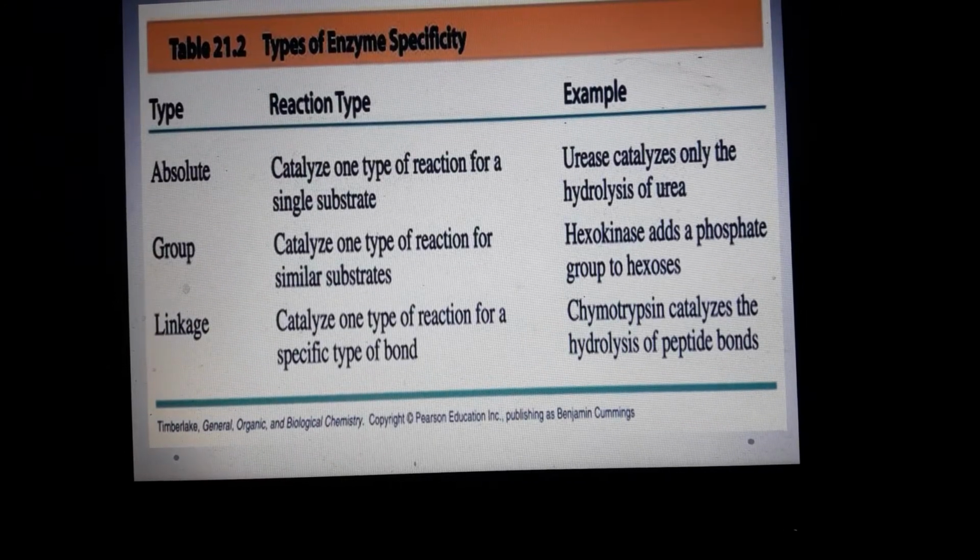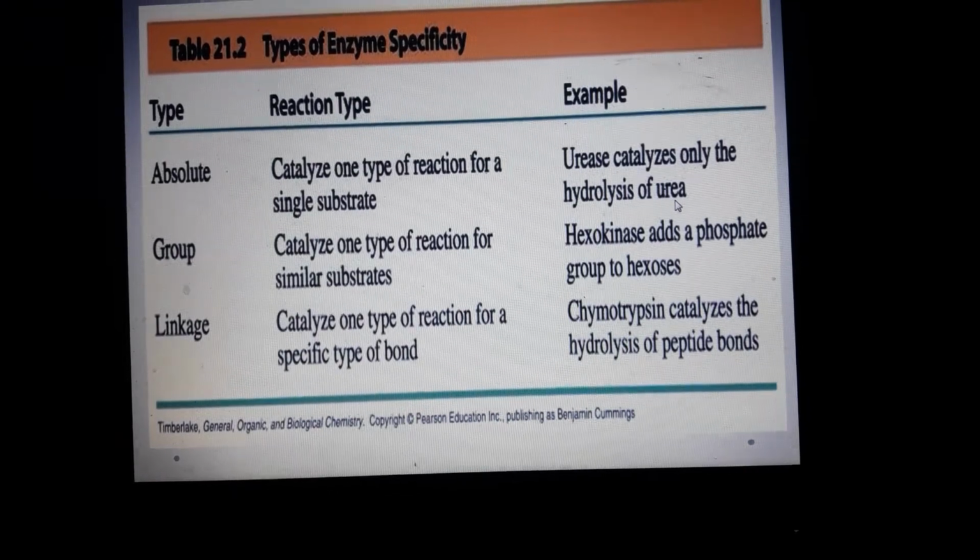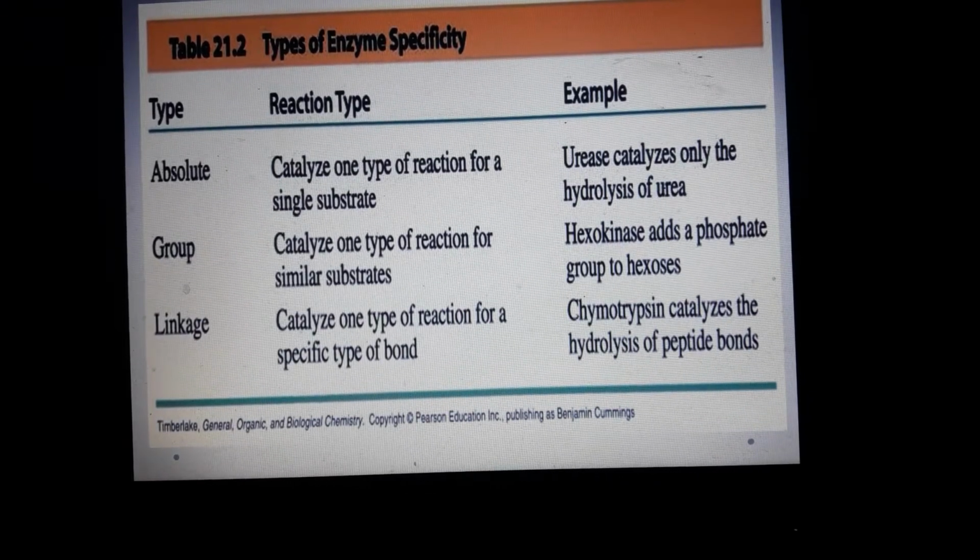So types of enzyme specificity, we have absolute, which catalyzes one type of reaction or a single substrate. Usually ito yung urease, which catalyzes only the hydrolysis of urea, kasi urease for urea. Then group, which catalyzes the reactions of similar substrates. Example, hexokinase adds a phosphate group to hexoses.